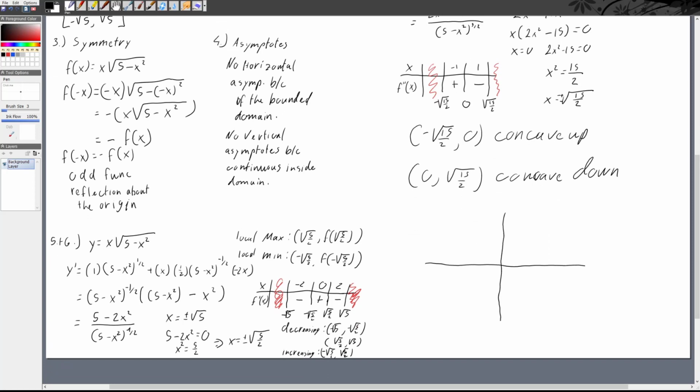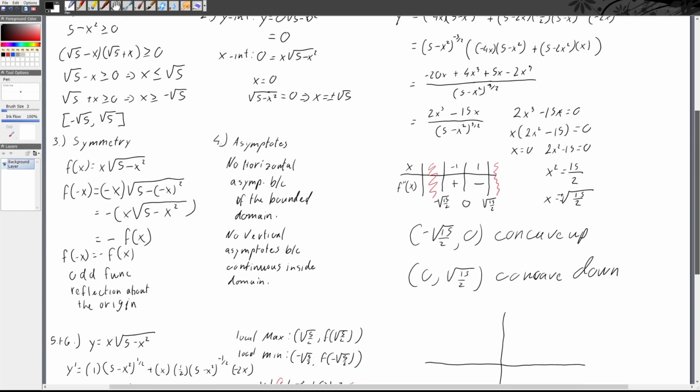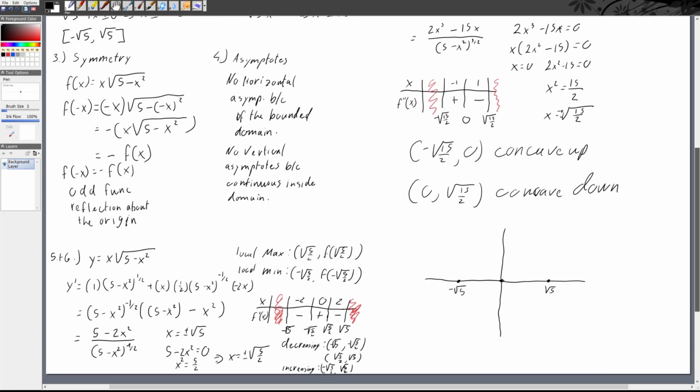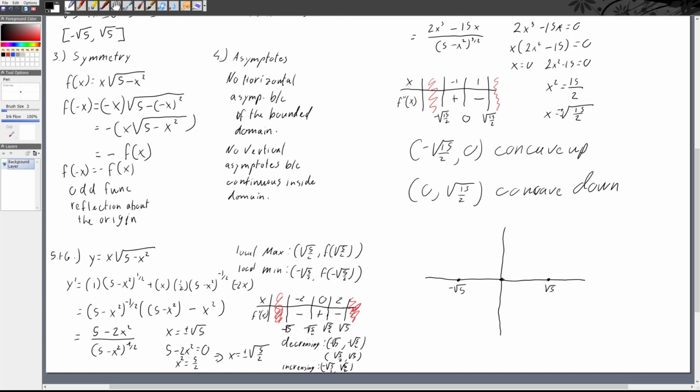So let's mark the intercepts. The intercept is going to be at 0 and plus or minus square root of 5. So right there 0, somewhere around there at square root of 5, and then somewhere around there at negative square root of 5. Let's mark our local max and local min as somewhere around there as square root of 5 over 2.